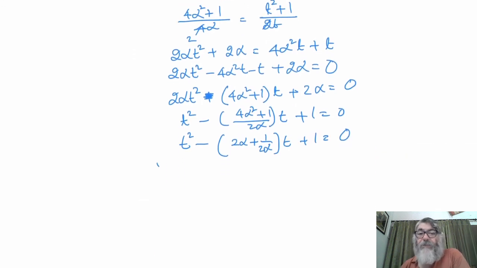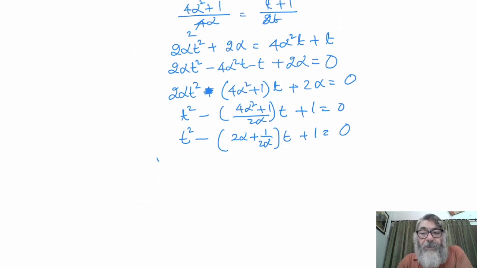If you look at this equation carefully, it is a quadratic equation which has two roots, 2 alpha and 1 upon 2 alpha.